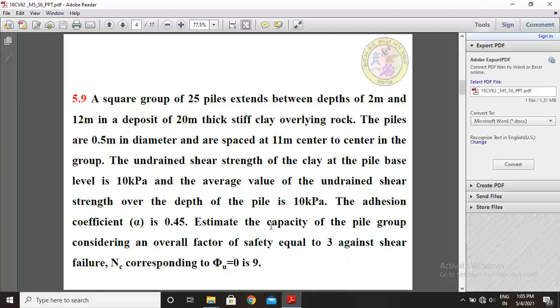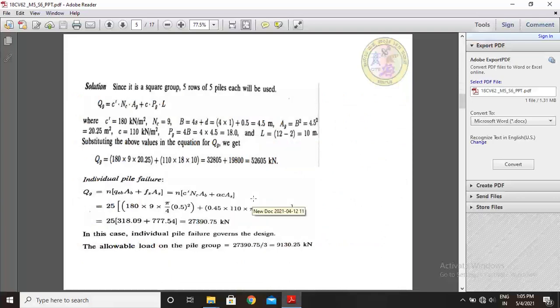So for this problem, this is the solution. Here, since it is a square group, 5 rows of 5 piles each will be used. Then Qg is given by the relation C dash into Nc into Ag plus C into Pg into L. Where C dash equal to 180 kilonewton per meter square, Nc is 9, B equal to 4S plus D. So that is 4 into S is 1 plus D is 0.5, so 4.5 meter.